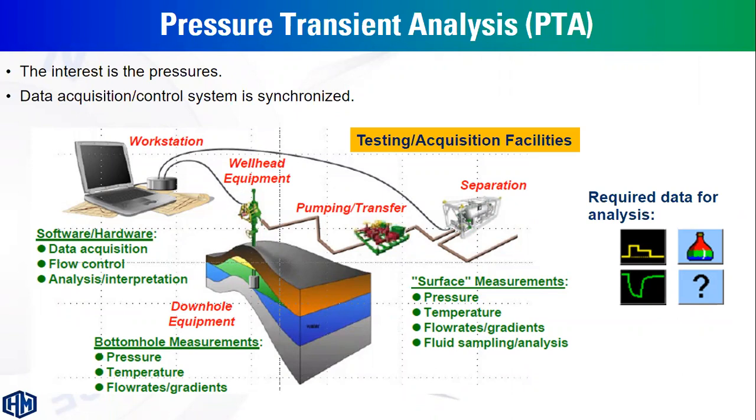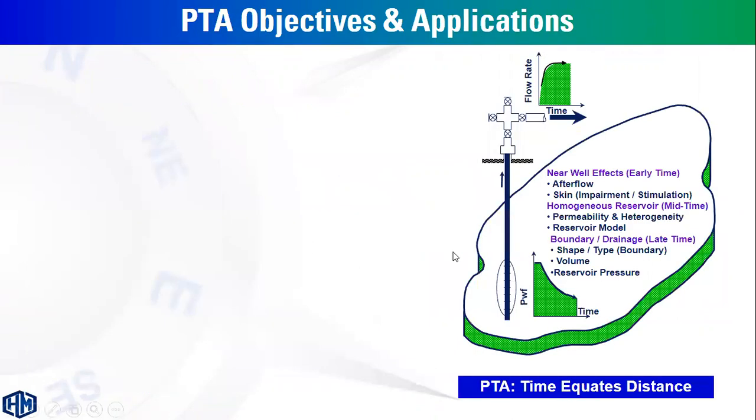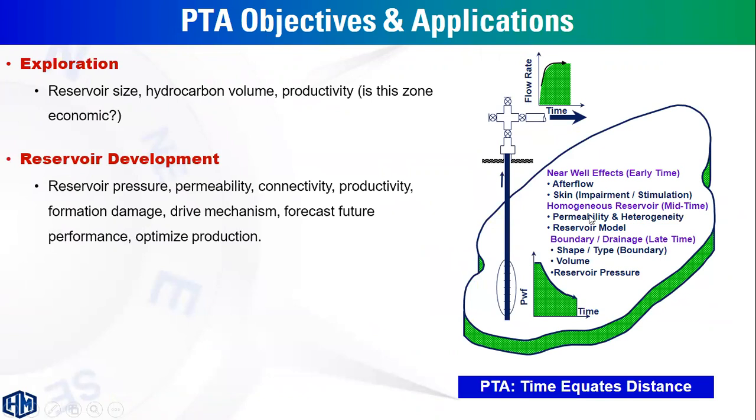Once we have downhole pressure data, you can analyze this data with a specific workstation for generating the complete interpretation. So at the bottom of the well, we have recorded pressure versus time. So you will have information about near wellbore effects like wellbore storage and skin, evaluation of well treatment like stimulation, or the evaluation of formation damage, reservoir heterogeneity, specifically permeability, and the type of the reservoir model.